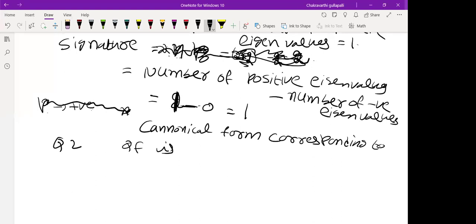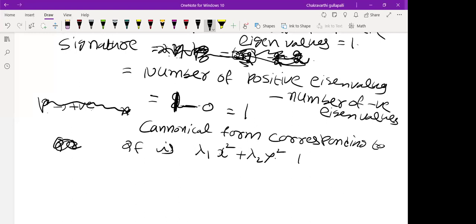What is the formula? Lambda 1 x square plus lambda 2 y square, because two variables are there. You can take x1, x2, or x, y, depending on the options. Look at the options. If variables x and y are there, take x, y. If x1, x2 are given, take x1, x2. If any other variable is given, y1, y2, take y1, y2.